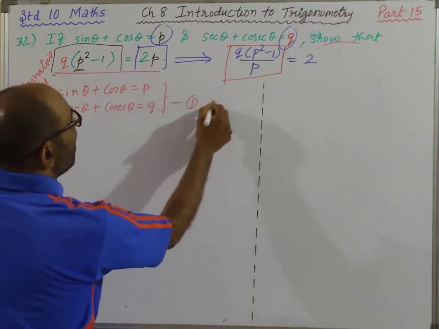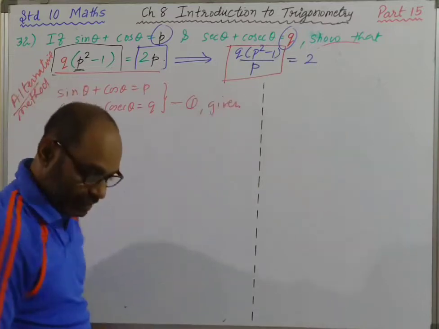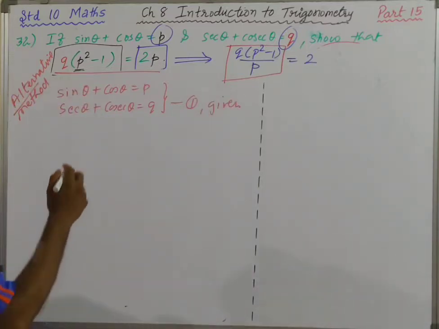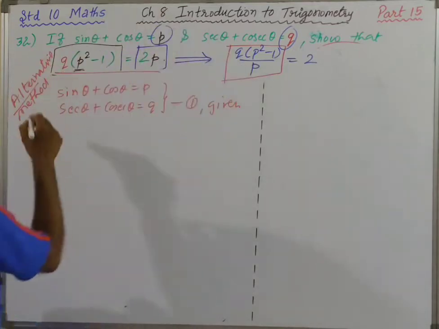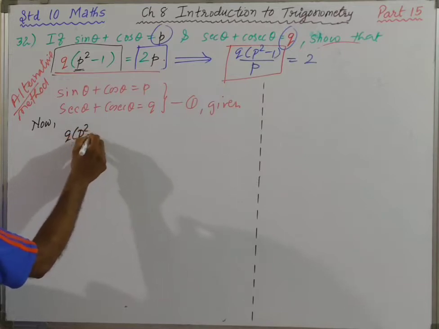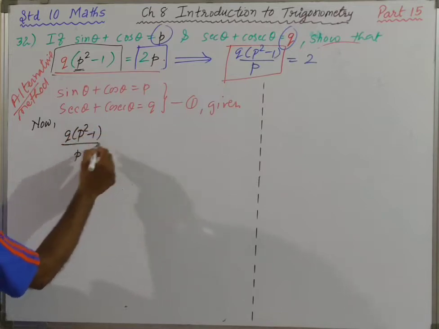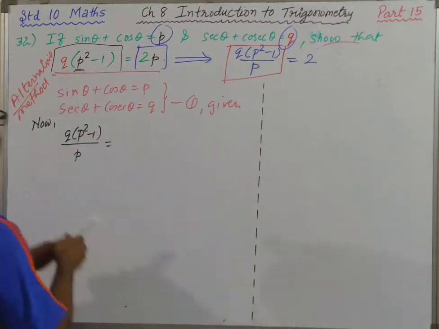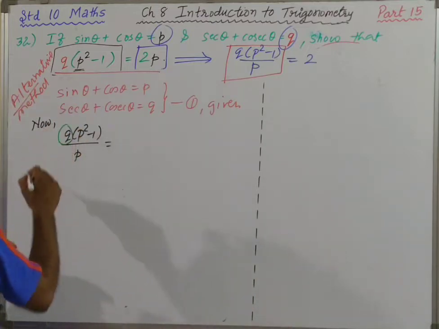Result 1, and this is given. Correct? Okay. Now I'm picking up that expression. Now q into p square minus 1 upon p is equal to. Yes, children. First I am putting the value of q.